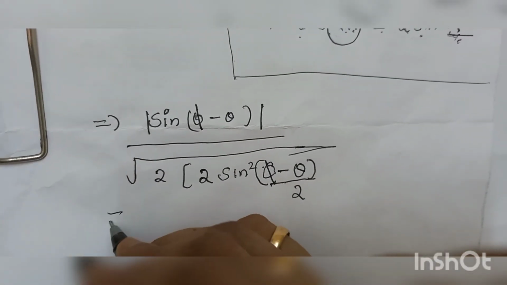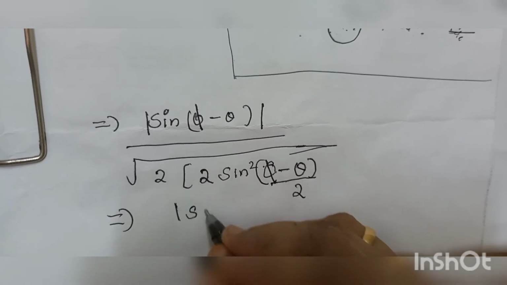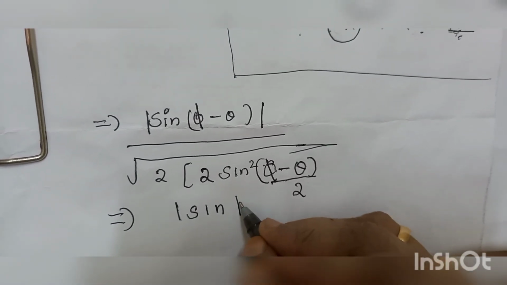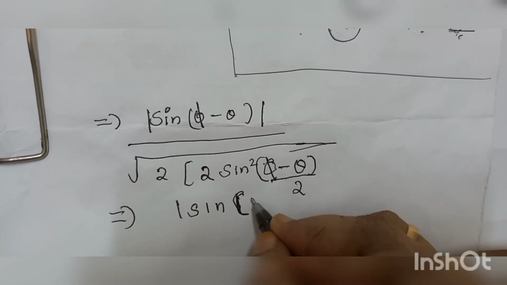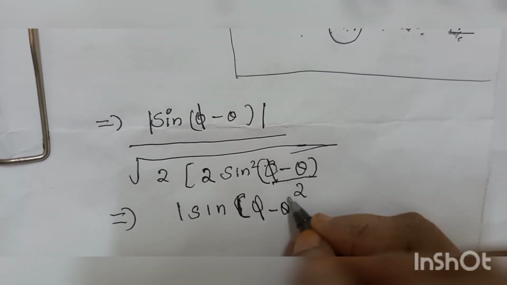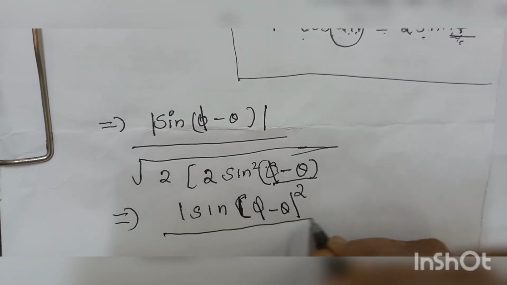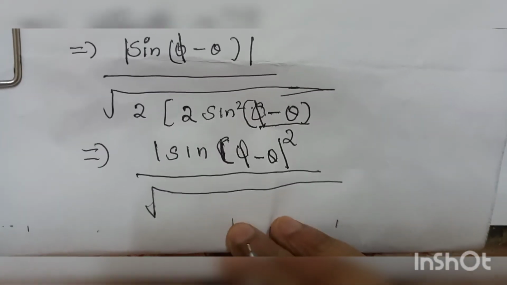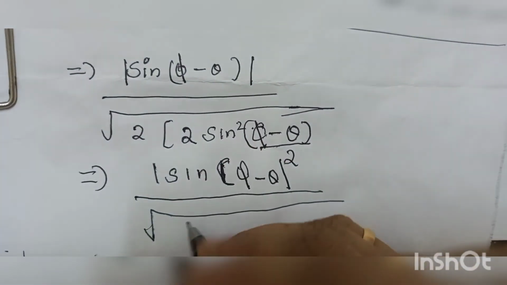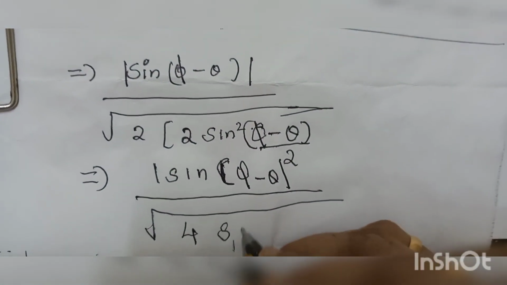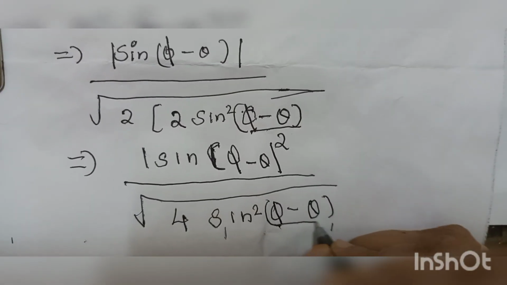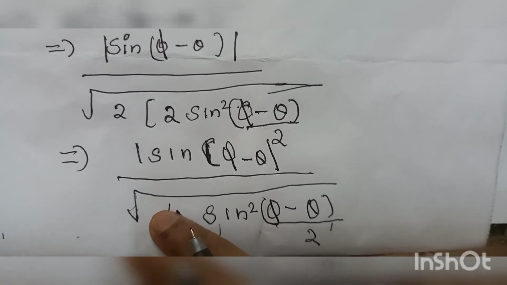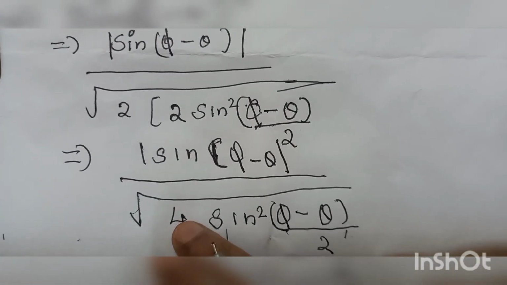So next step, modulus of sin (phi minus theta) whole divided by under root of 4 sin square (phi minus theta) by 2.